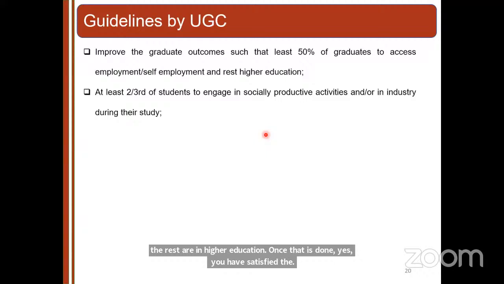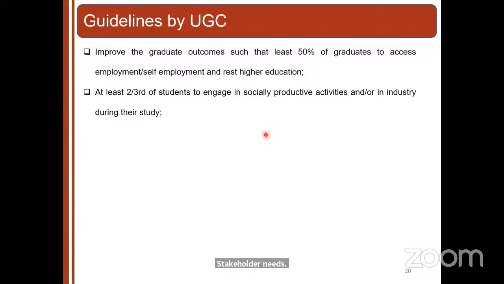And the remaining, at least 2/3 of the students of your complete batch who have passed out, they have to be engaged in some productive activities related to the society. And they must be there in the industry during their studies. Industrial internship can be one of the concepts here.